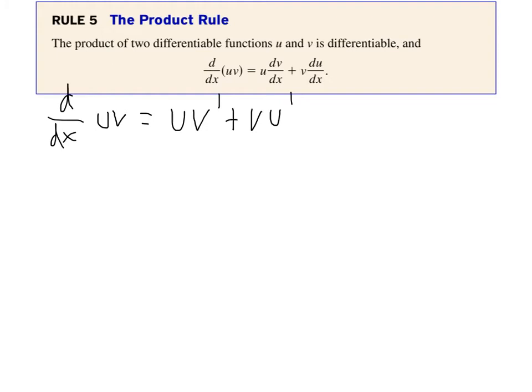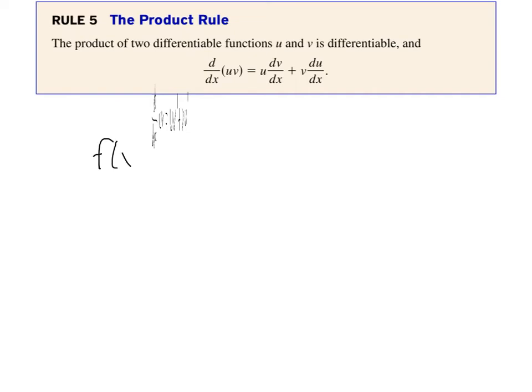For example, if I have two polynomial functions multiplied next to each other, so if I said that f of x equals x squared minus 3x plus 1 times x plus 2.